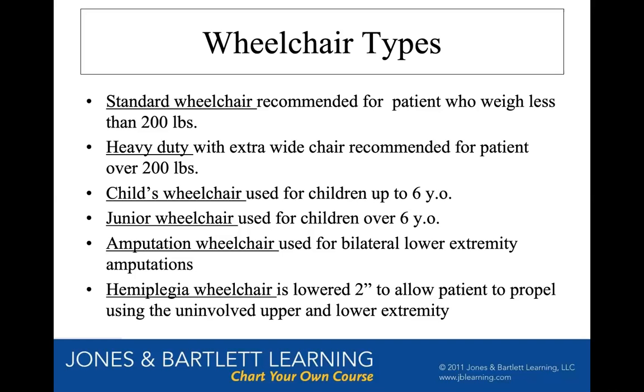Don't get so caught up between the difference between a kid's wheelchair and a junior wheelchair. It really is just the size of the child that makes the difference in the size of their wheelchair. Little kids have little bitty wheelchairs.